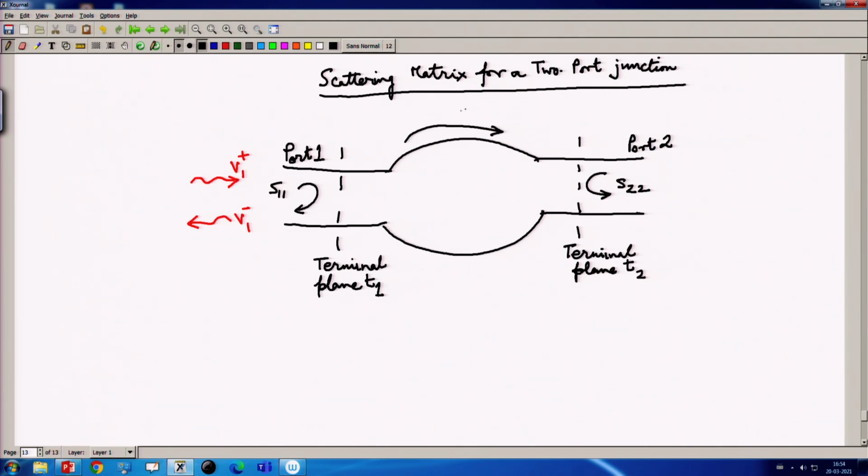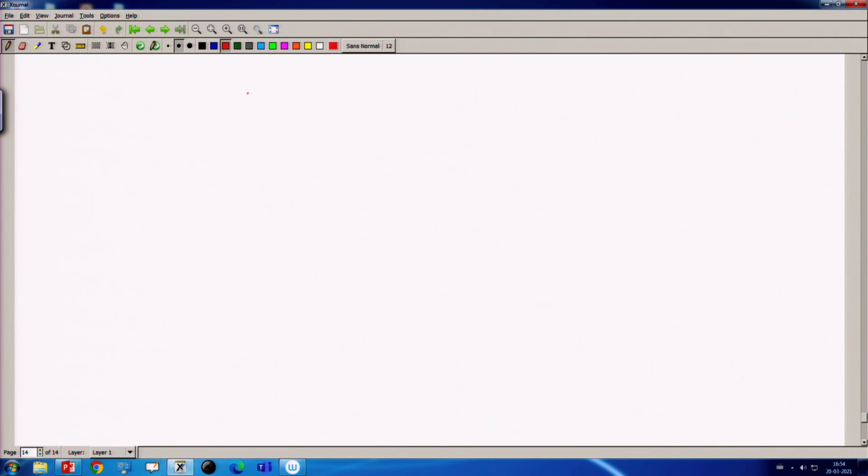Here is S21, S12. Okay. So, this is the general depiction of the two port network. So, what do we have? We simply can write down the equation involving the voltage waves, the incident and the scattered voltage waves.